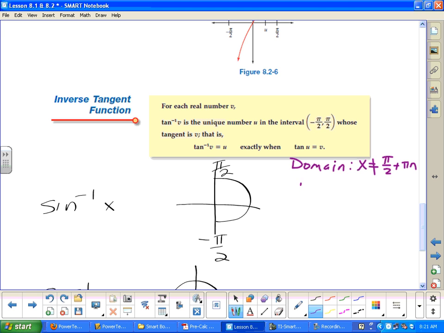And the range here was all real numbers. So for inverse tangent, our domain is going to be all real numbers.